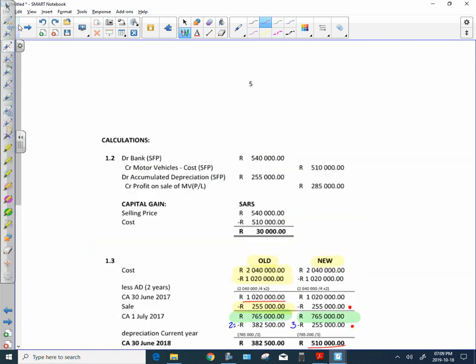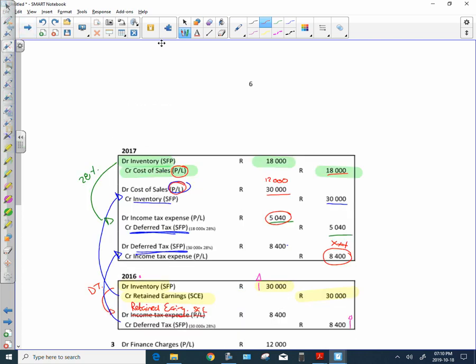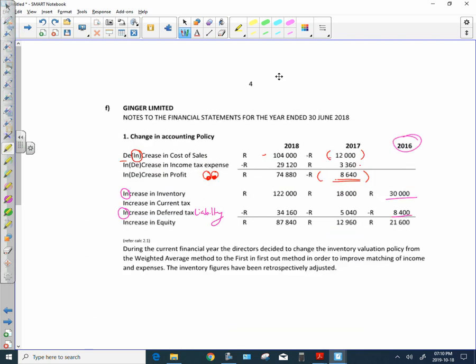Right, so that's positive with a difference of 3360, and the net effect on my profit is a decrease of 8,640. In terms of my inventory, rolling balance over there, this inventory will cancel out that one. So the increase in my current year only relates to the 18,000. Increase in inventory is 18,000. Increase in deferred tax liability, 5040 as per the journals.